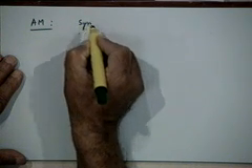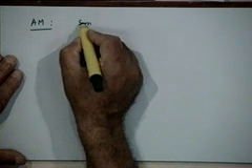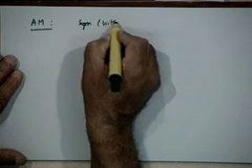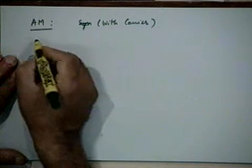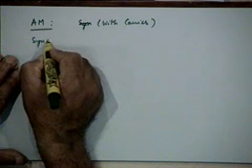So let us consider AM. When I say AM here, I am talking about AM with carrier. That is not suppressed carrier. And let us talk about synchronous demodulation first.